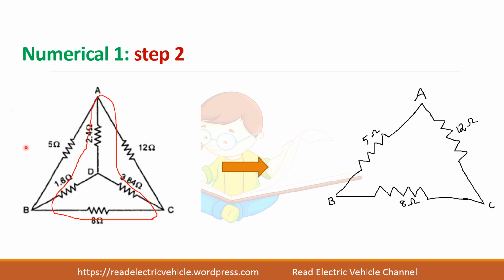Then mark the 5 ohms, 8 ohms and 12 ohms. Now we have found the equivalent for this star network, so we got a delta network of 5 ohm, 8 ohm and 12 ohm. Always note the labels. If labels change, your resistance value will change. So mark the labels correctly.